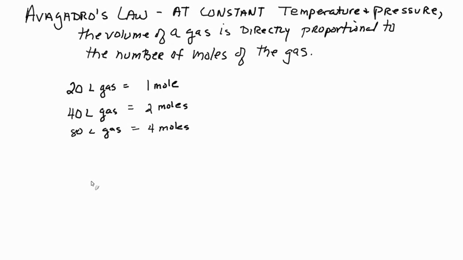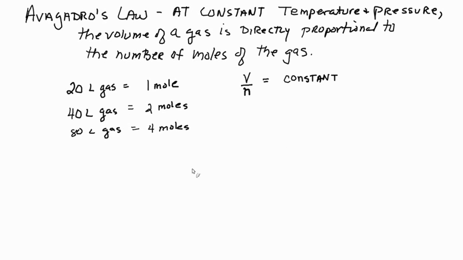So what Avogadro discovered was that if he took the volume of the gas and divided it by the number of moles, we're going to use N to represent moles, he would get a constant number, just like Boyle did and just like Charles did.